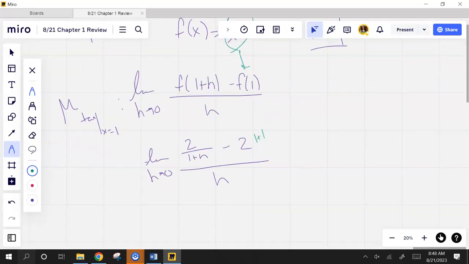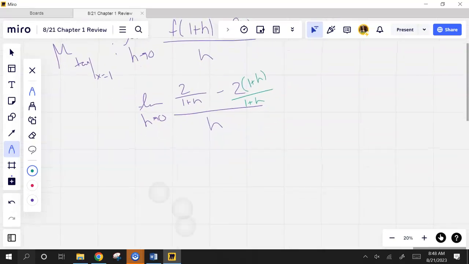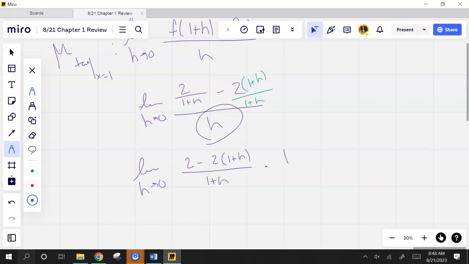This one gets a 1 plus h. So it now becomes the limit as h goes to 0 of 2 minus 2 times 1 plus h over 1 plus h. And I'm going to go ahead and do my little trick here also.